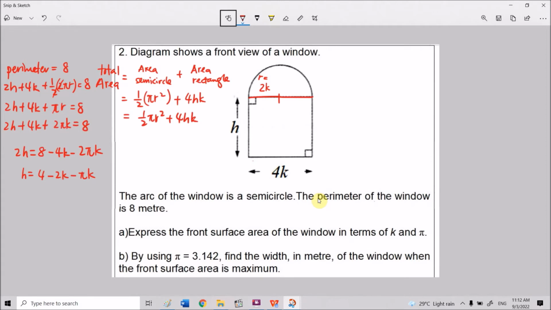So I'm going to substitute h with this into here.